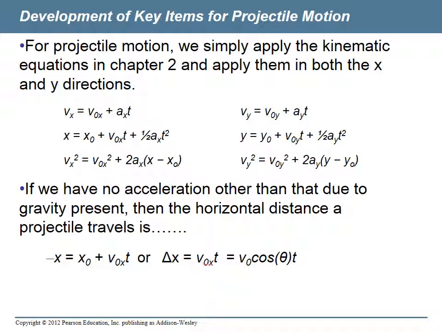But V naught x can be given in terms of just V naught and some angle theta, where the x component would be cosine theta. So V naught x is V naught cosine theta, and then times time. So delta x is the initial velocity times the cosine of theta, the angle at which it's kicked, as long as theta is in standard position, times the time. That would give us the horizontal distance. So if I'm given an initial velocity, an angle, and a time, I can find delta x.